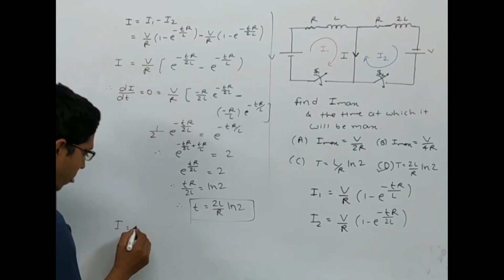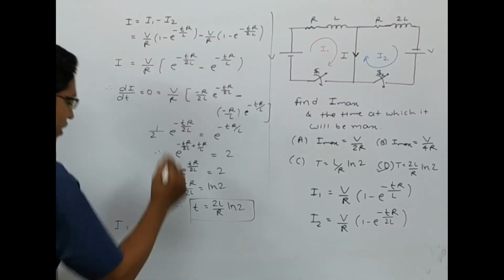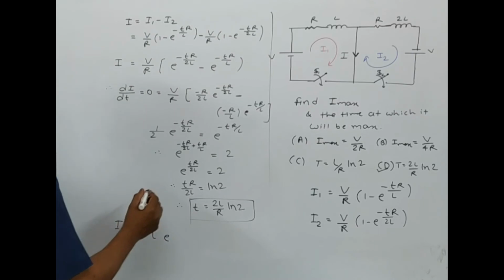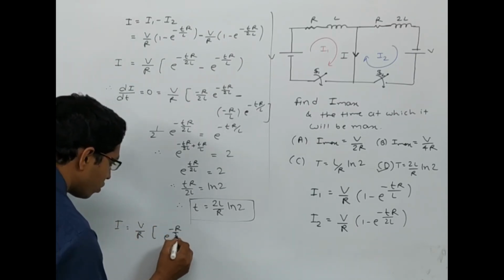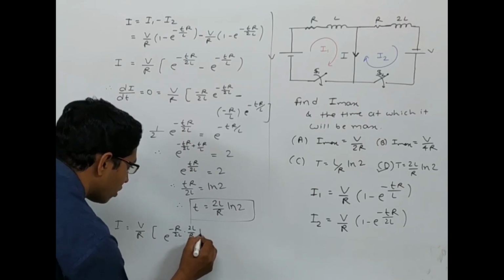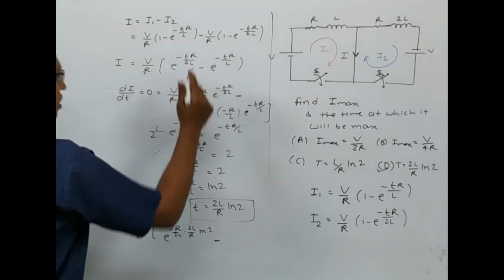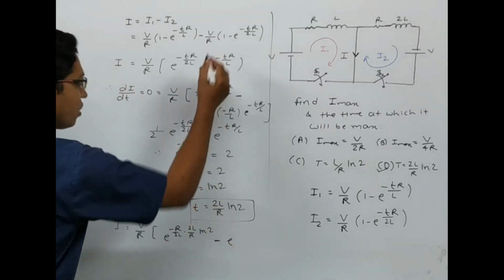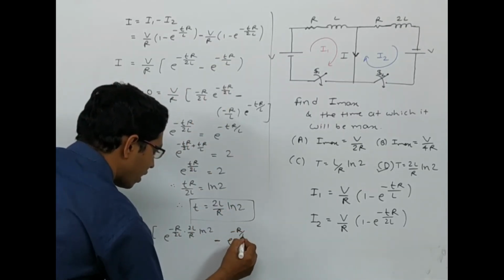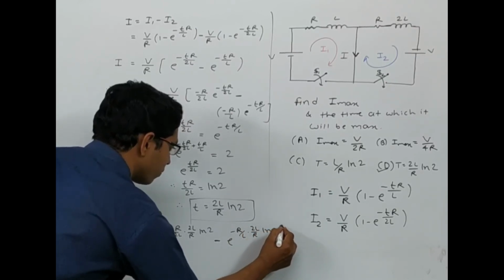It will be V by R times e raised to power minus R by 2L, with t equal to 2L by R ln 2, minus e raised to power minus R by L, again with t equal to 2L by R ln 2.